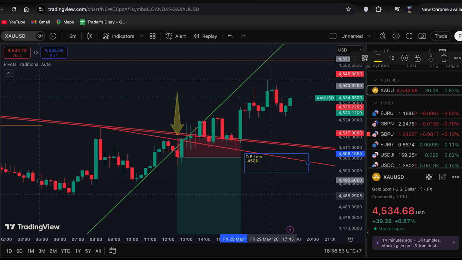That makes $3,500 minus the 450 of this losing trade. It means that right now the account balance is at plus 3,050 USD.